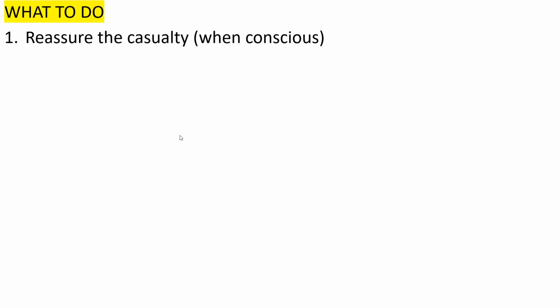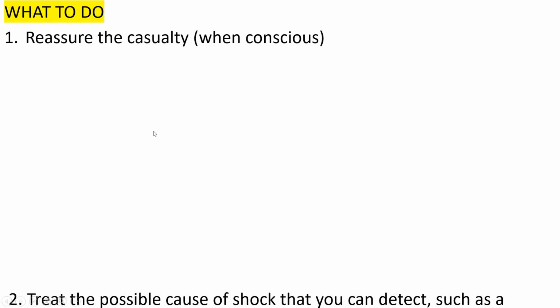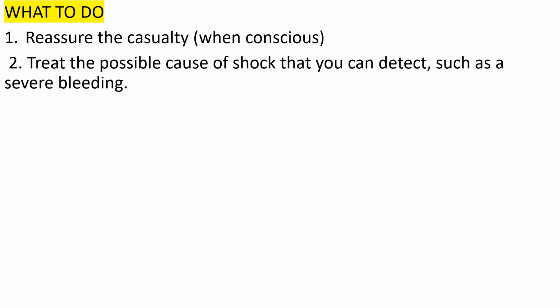And then the other one is to treat the possible cause of shock that you can detect, such as severe bleeding. Shock might occur because of severe bleeding, which we have already discussed in the causes. In the hemorrhage topic, agar bleeding hua to kaisa usko stop karna hai.